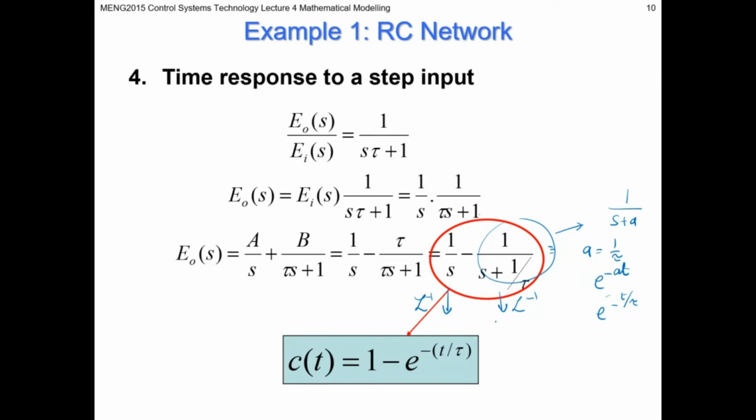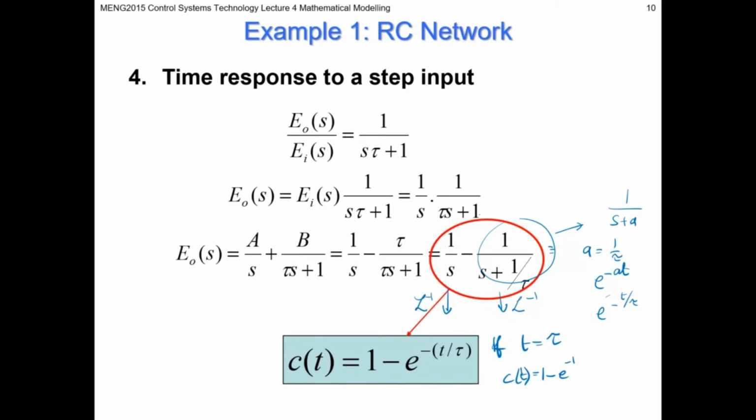Now, if we have a special condition where t equals tau, what's going to happen? If t equals tau, this exponent is going to go to minus 1. So we can actually evaluate that even if we don't know what the value of tau is. We do know that at this special condition where t equals tau, then our output C of t is going to be 1 minus e to the minus 1, which is, of course, pretty calculable.